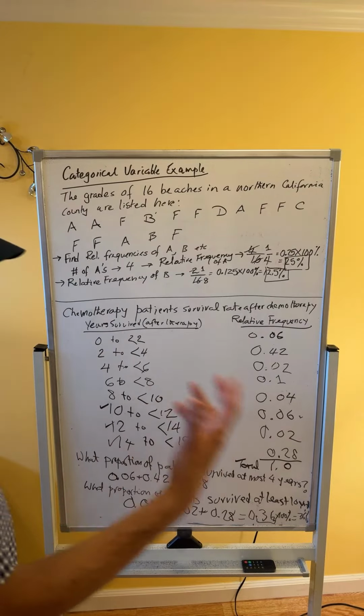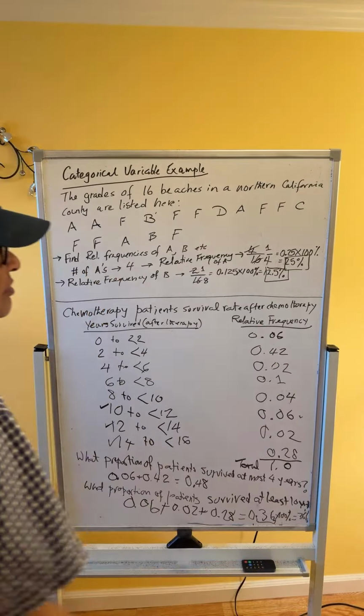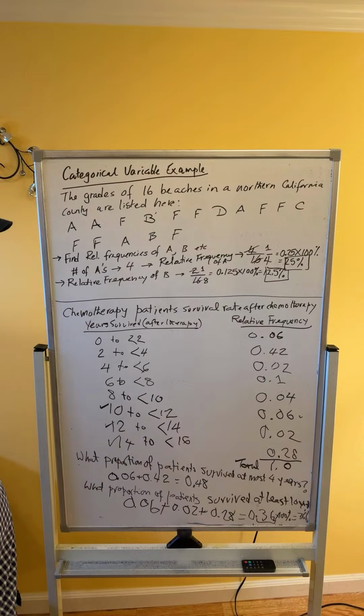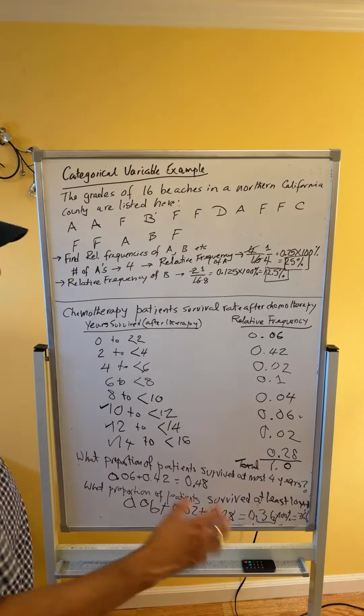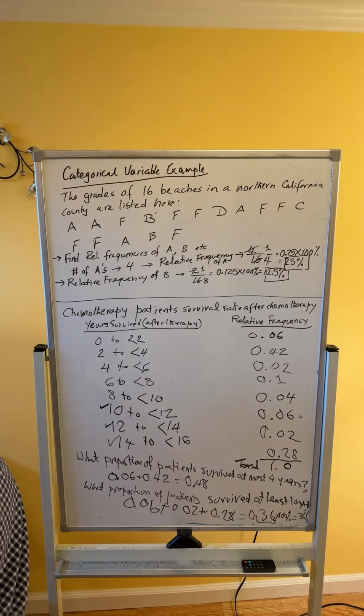Relative frequency is a proportion, you multiply it by 100, convert it to percentage. Why? Because then you know out of 100 how many people, or what percentage. In this case, the last answer, 36 people out of 100 will survive at least 10 years.